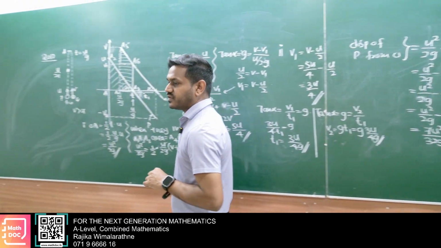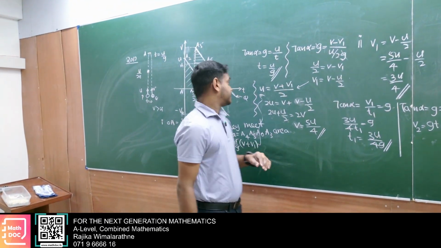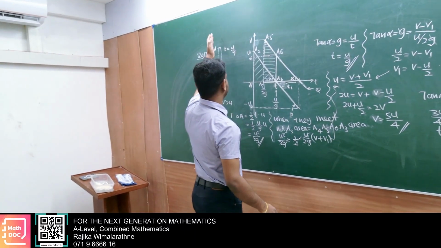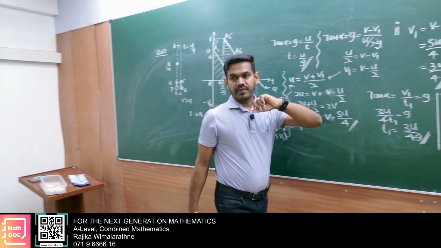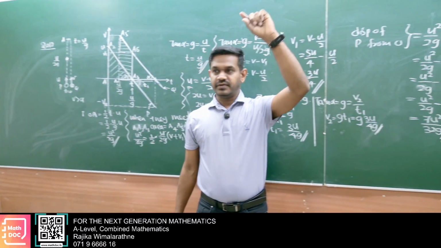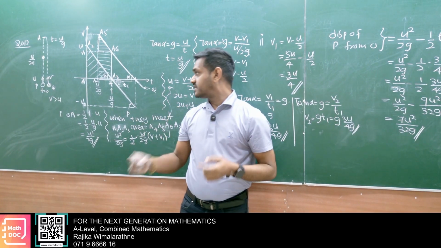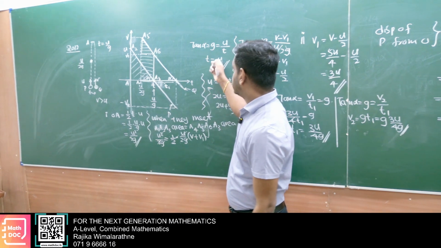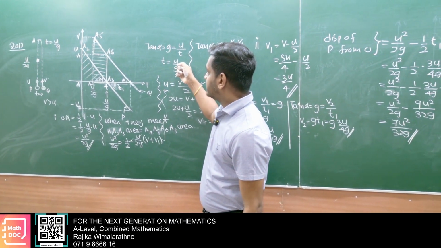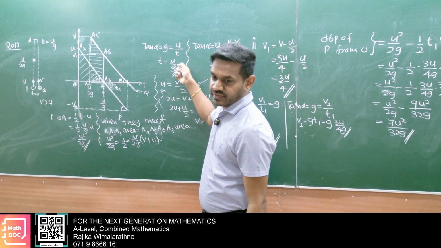Step by step you have to think. First it says that the particle P is projected vertically upward. Okay. So we know at the maximum height the time is U over g. Here when the particle is at maximum height, corresponding time U over g.